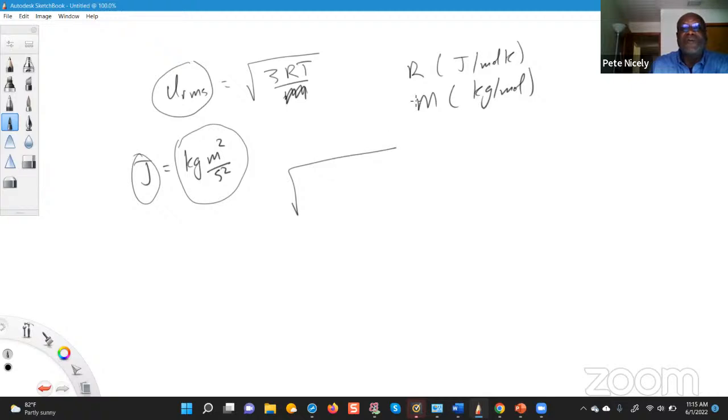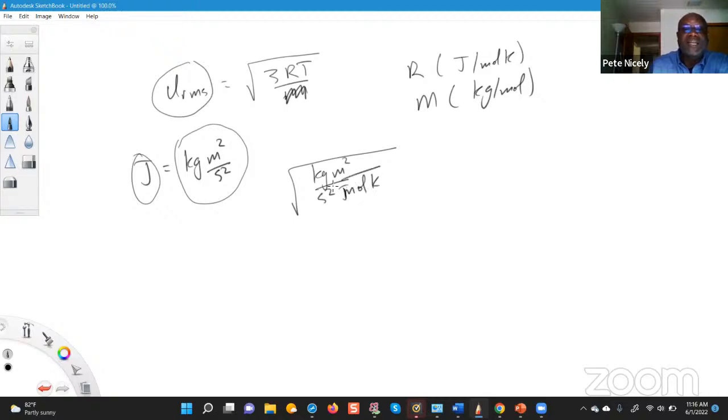R, as I said before, would be joules per mole Kelvin. Joules is the same thing as kilogram meter squared per second squared. So for the units of R, I'm going to put kilograms meter squared over second squared, that is joules, per mole Kelvin.